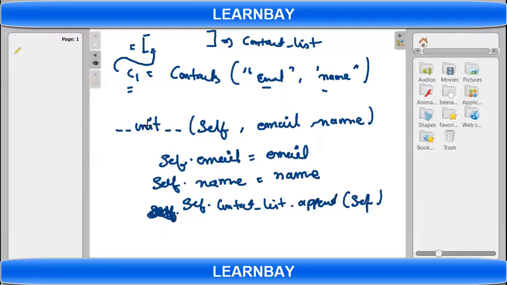This function is getting called as a part of this line, right? Constructor will call underscore init, right? So C1 got created by the constructor, but now we are initializing that C1, right, with email and name.